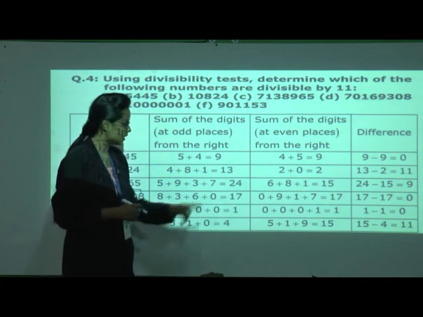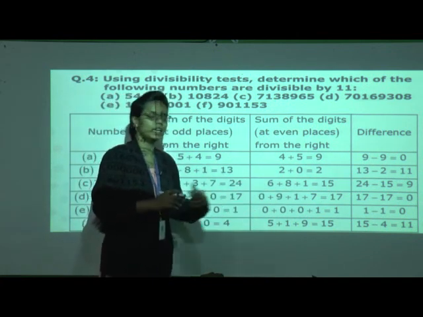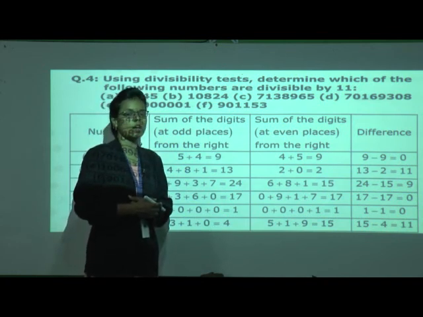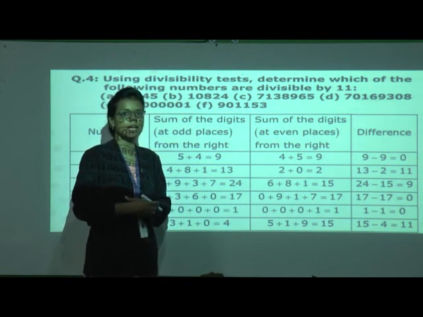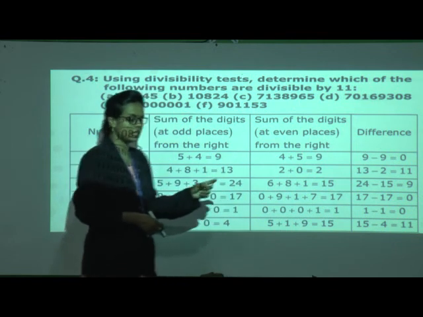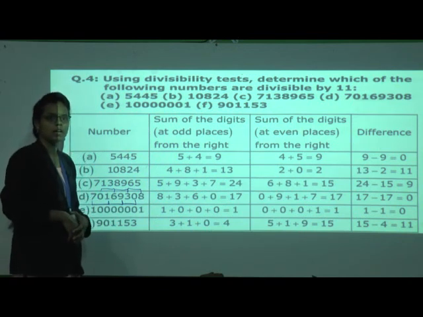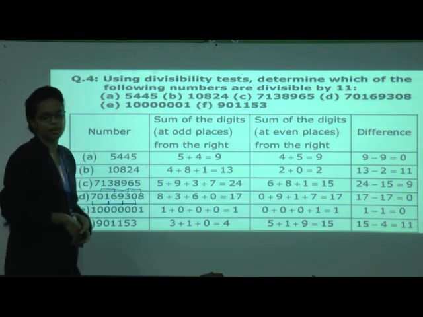Now find the difference: 17 minus 17 is 0. According to the rule, if the difference is 0 or 11, the number is divisible by 11. As we got the difference 0, the number is divisible by 11.